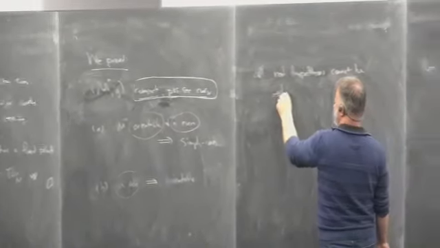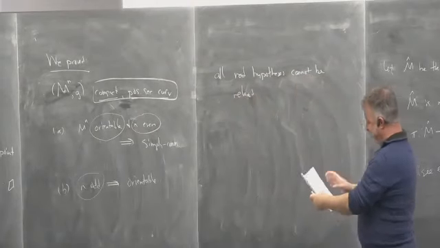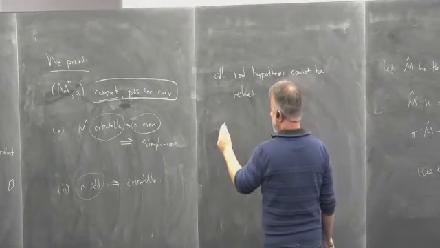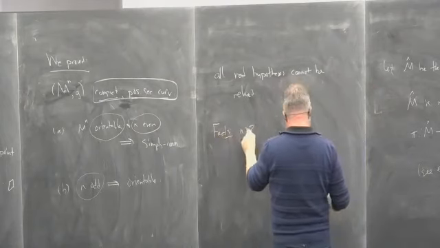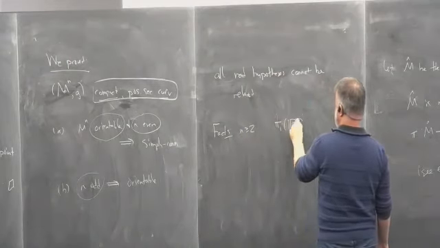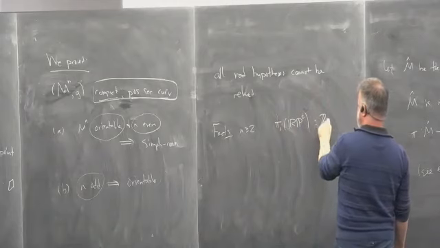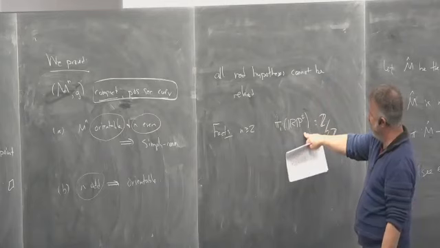And we can find examples just by looking at the real projective spaces. So here are some facts about real projective space. If n is at least 2, then pi 1 of RP^n is Z mod 2Z. None of them are simply connected.